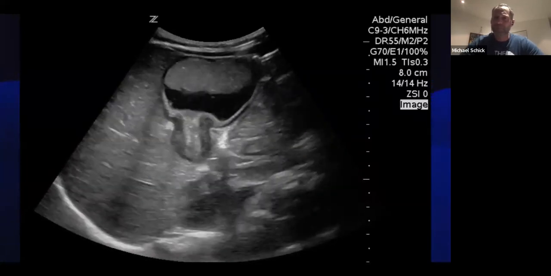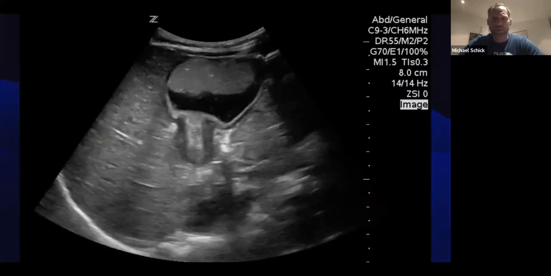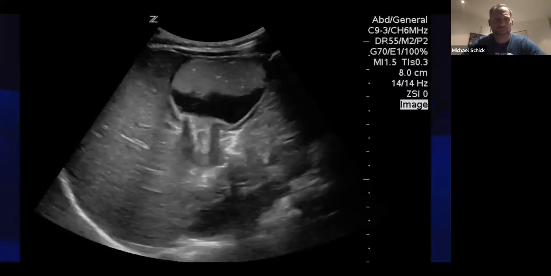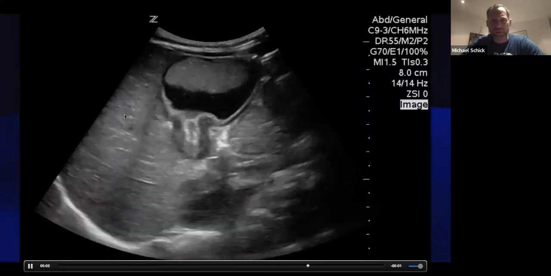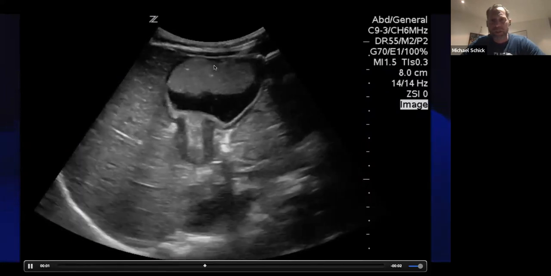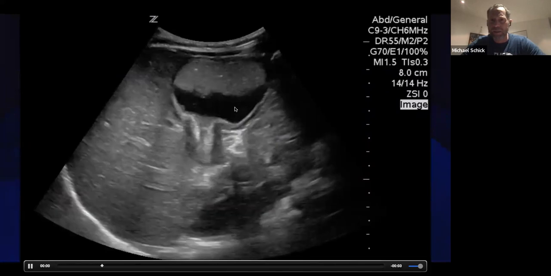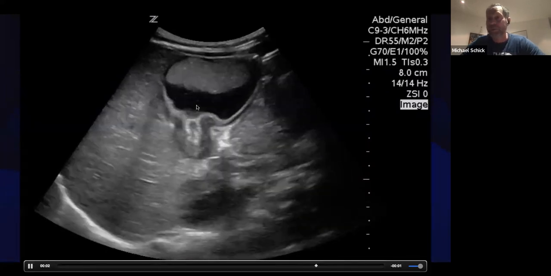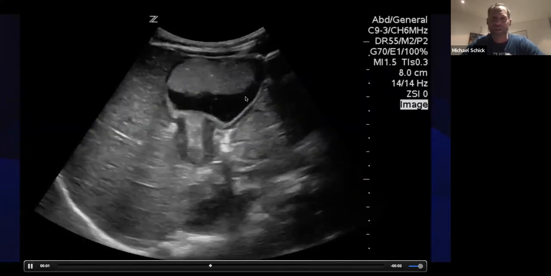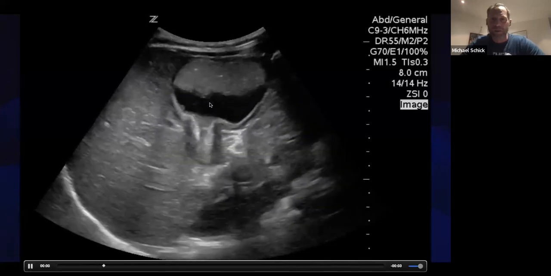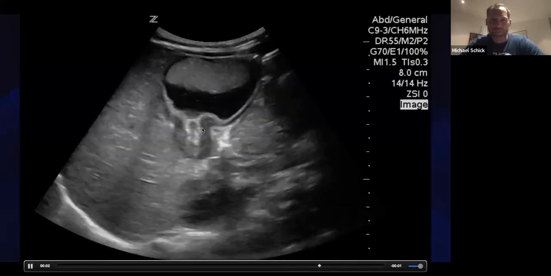We're in the epigastric region of the patient. Point out the structures here. We have the liver. Here you can see that there's some dilated, fluid-filled, content-filled loop of bowel, and this thick-looking thing here.